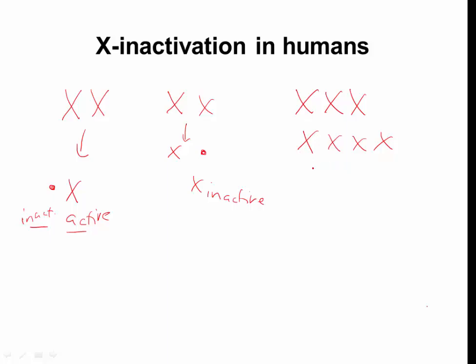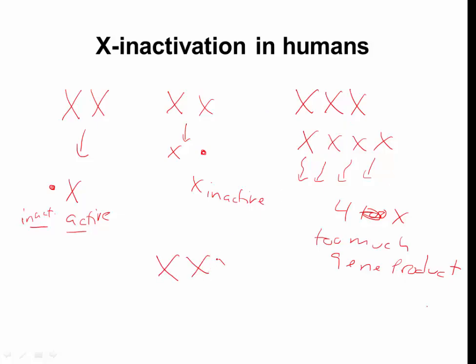But if dosage is important, and each of these X chromosomes is expressing genes, we'd have 4 times too much gene product. So gene products are RNA and proteins. But what happens is all of these X chromosomes, except for one, get inactivated.